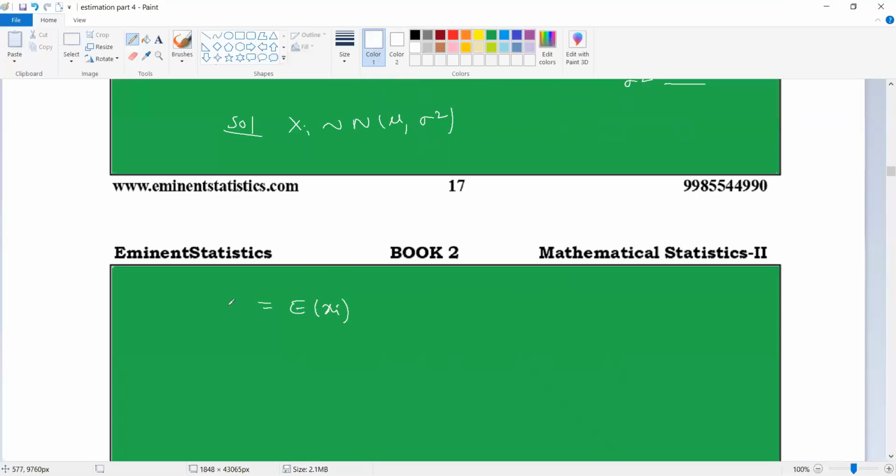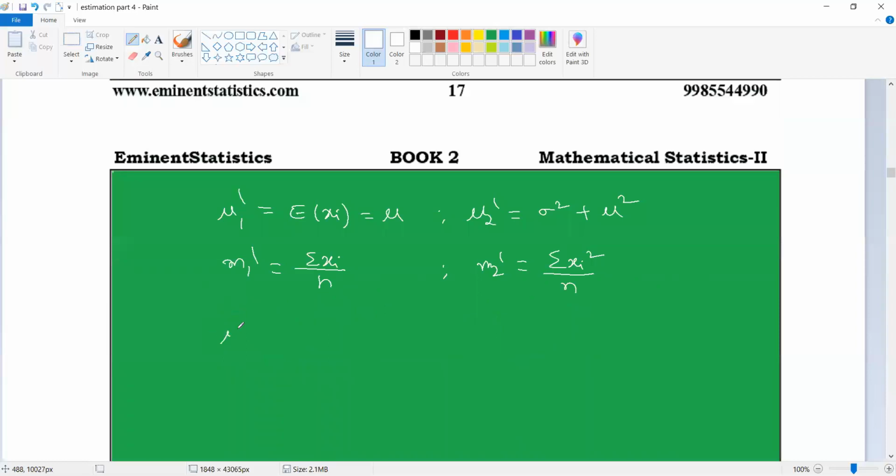E of xi, mu1 dash, is equal to mu. Next mu2 dash is equal to sigma square plus mu square; the formula is already given: variance of x plus E of x whole square. So now m1 dash equal to summation xi by n and m2 dash equal to summation xi square by n.